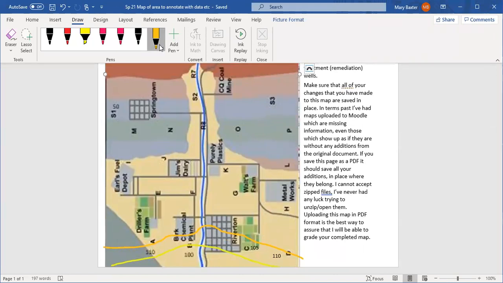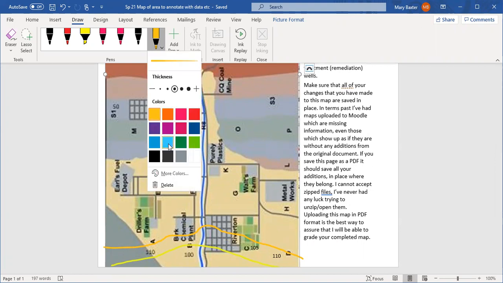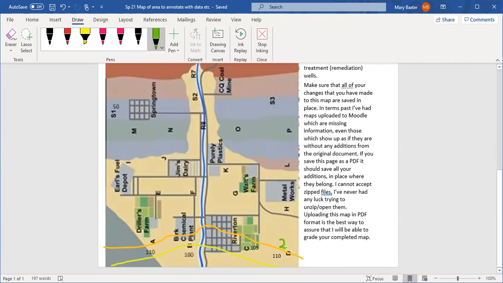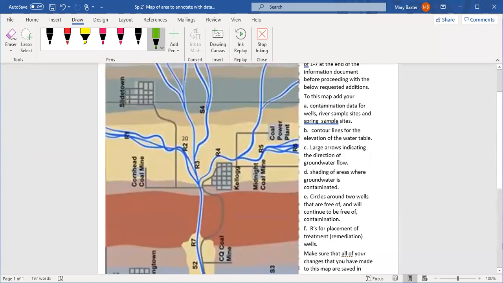And so let's say, you could use light blue, maybe this really bright green. And you could just try to draw on the, okay, and you could try it a few times trying to get the numbers smaller, but all right. So you do that for all the places that are contaminated, and that's going to take care of A.